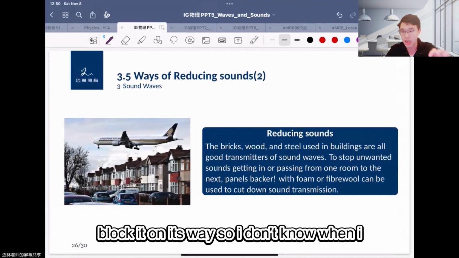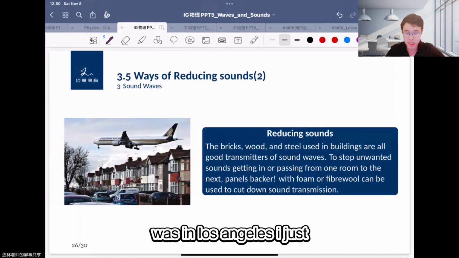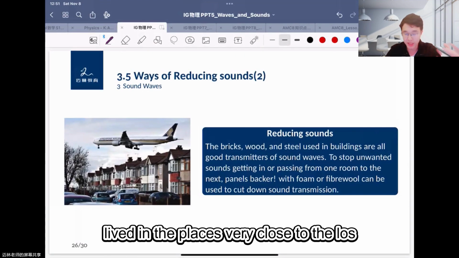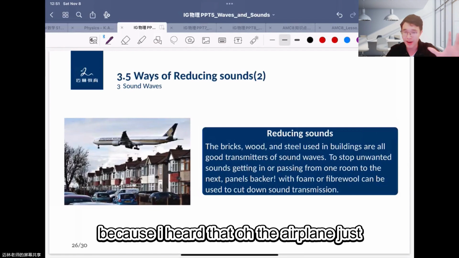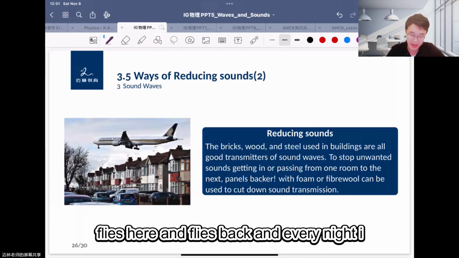Okay. So next we have another way to reduce the sound. We can just block it on its way. I remember when I was in Los Angeles, I lived in a place very close to the Los Angeles International Airport. At that time it was very noisy for me every day, because I had to hear the airplanes flying here and flying back.